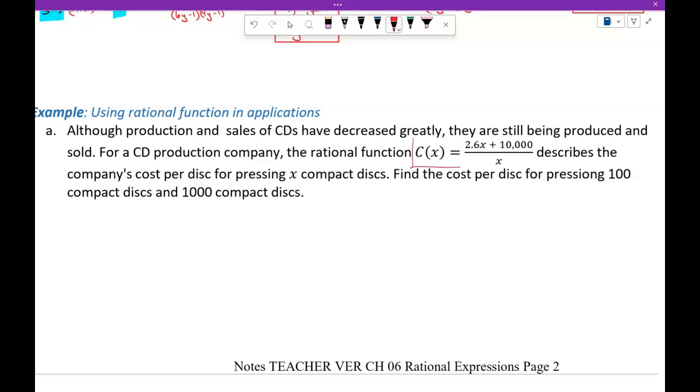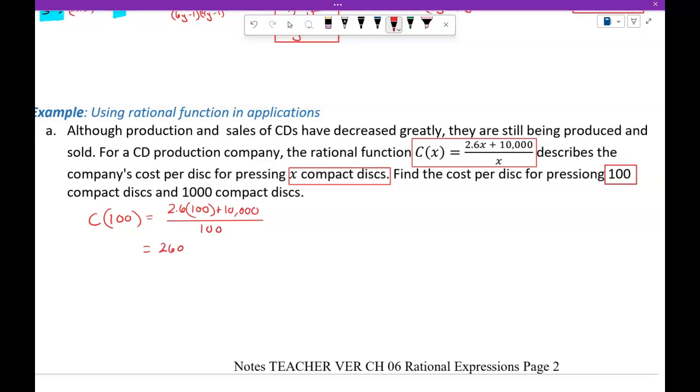So here we see our cost function given by c of x, and we want to evaluate the cost of pressing various compact disks. Our independent variable x represents the number of compact disks, and we're starting with trying to figure out the cost if we press 100 disks. So we'll evaluate the function c of 100. Anywhere we have an x, we will substitute with the value 100, and then we will simplify and evaluate.